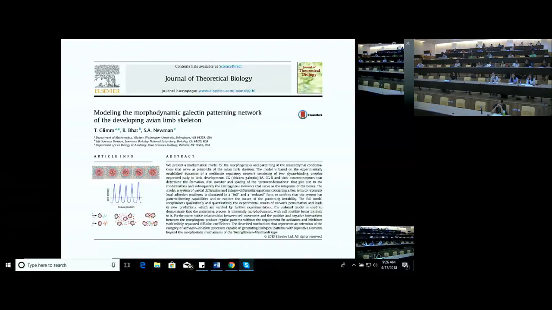So this is the paper modeling the morphodynamic galectin patterning network in the developing avian limb skeleton.